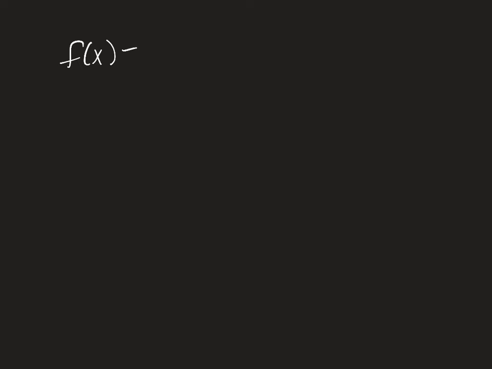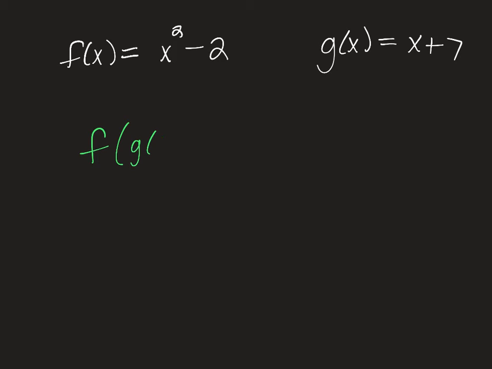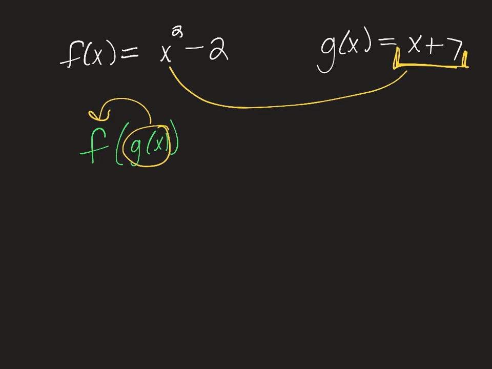So let's say f of x is x squared minus 2, and g of x is x plus 7. So again, let's find f of g of x. So again, we're taking g of x, which is this, and replacing it into this function. So we're replacing this x with x plus 7.